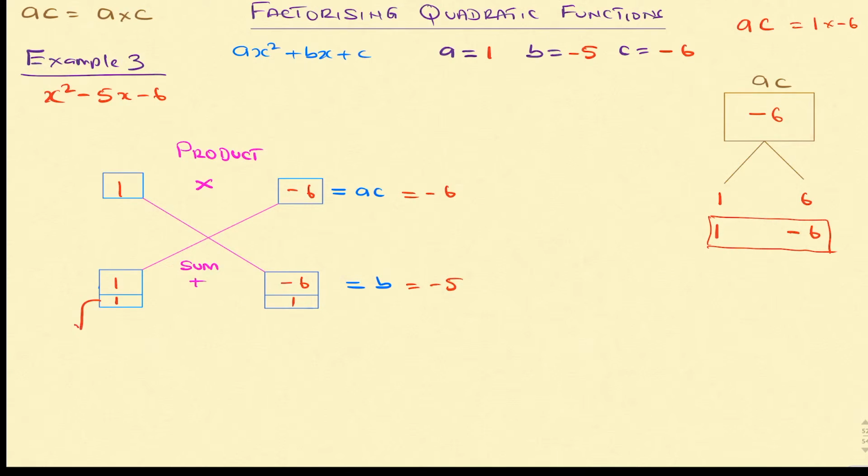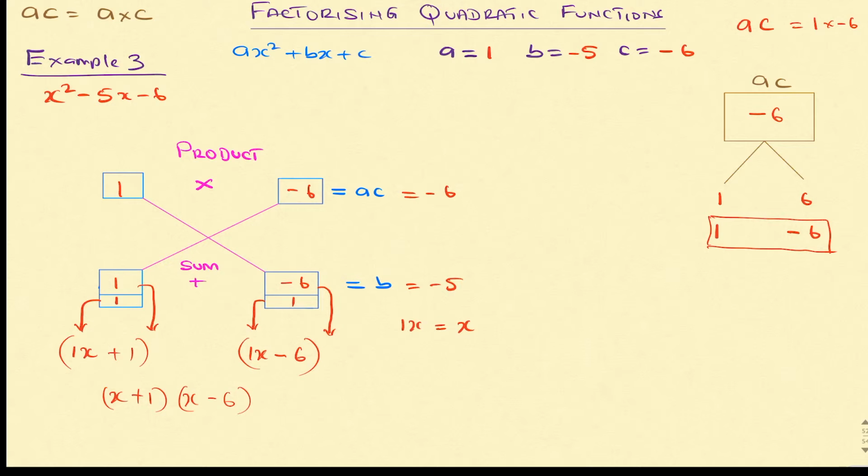So the denominator gives 1x and the numerator gives plus 1. Open close bracket. The next one, the denominator is 1x and the numerator is minus 6, open and close bracket. 1x is also x, and therefore x plus 1, x minus 6 are our factors.